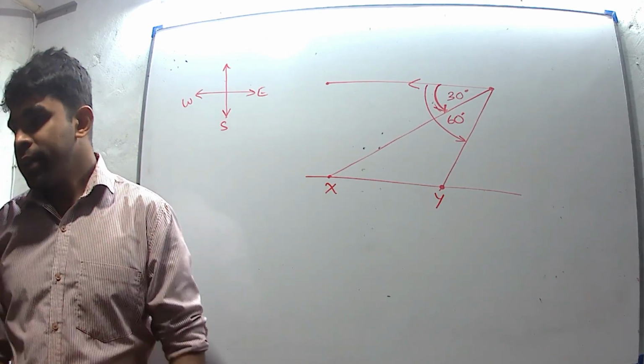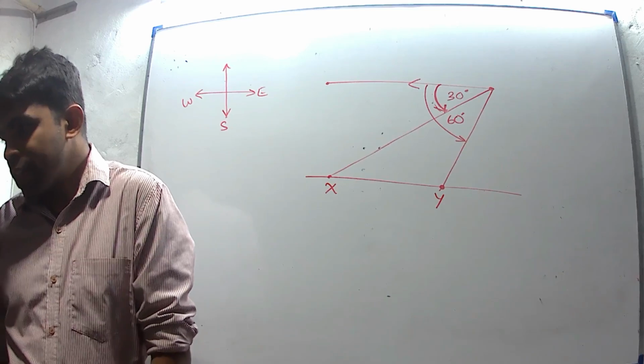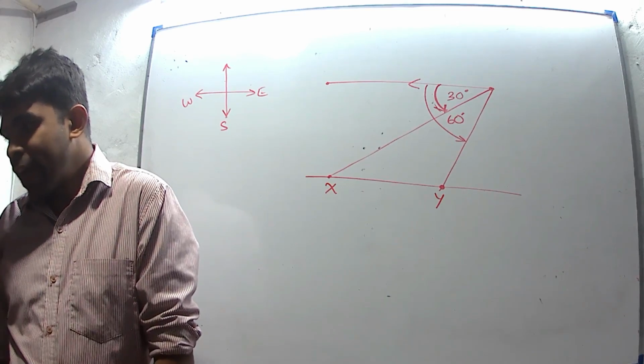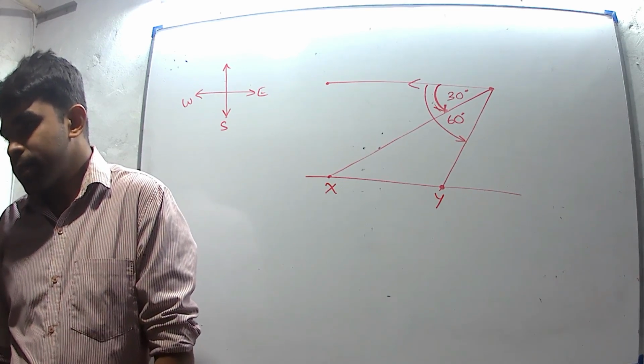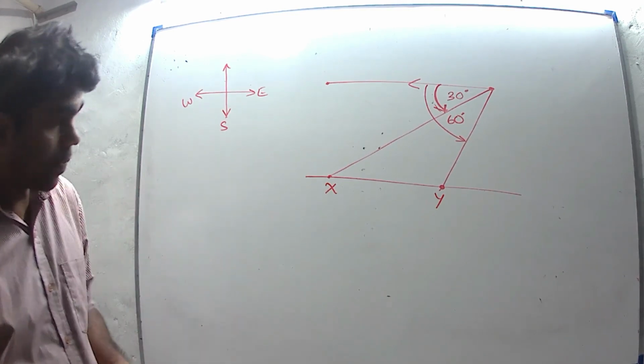And they have given that after 40 seconds from the initial observation, the boat X appears with an angle of depression 60 degrees.